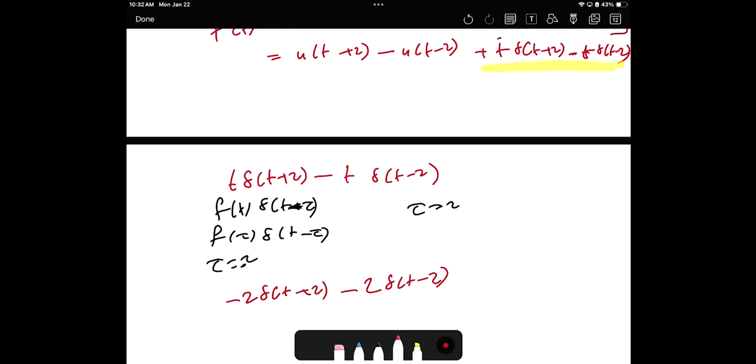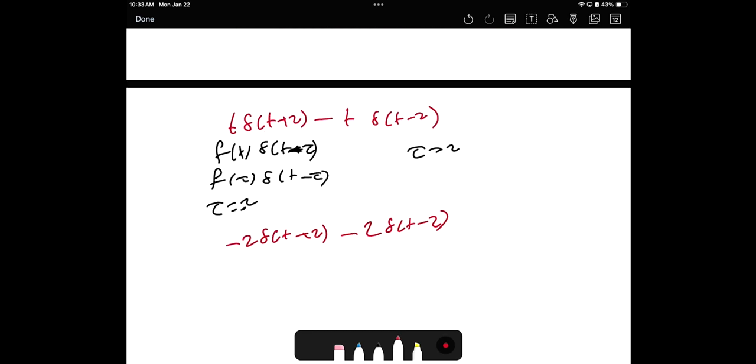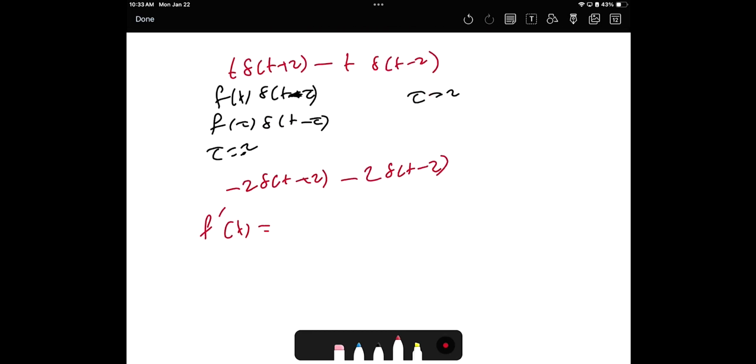Okay? That's how this expression works, so the overall f bar of t will be u of t plus 2 minus u of t minus 2 minus 2 delta t plus 2 minus 2 delta t minus 2.